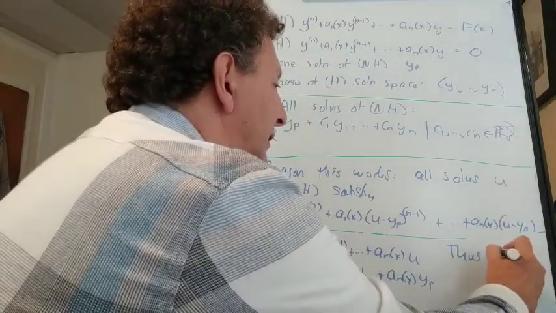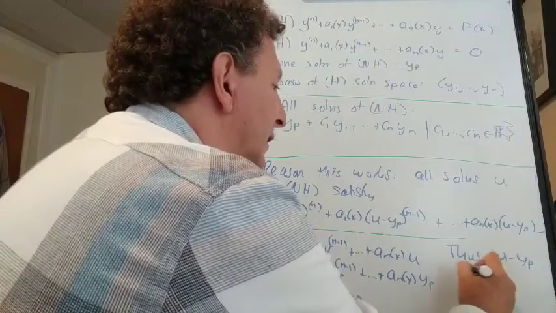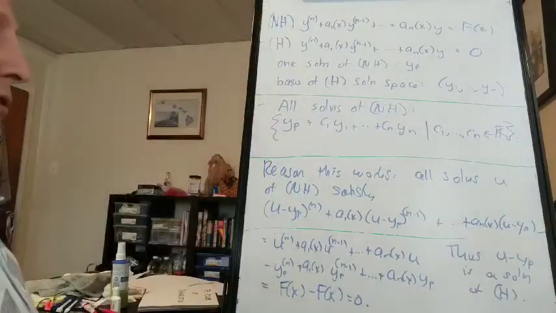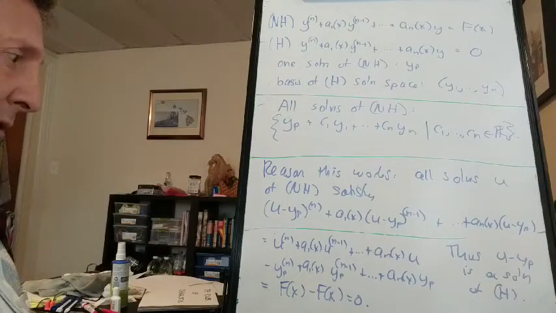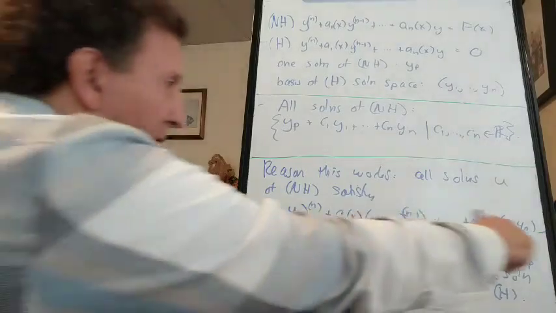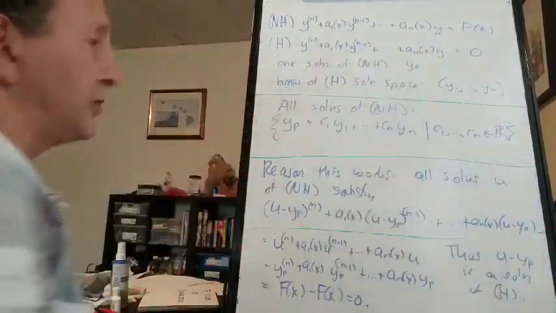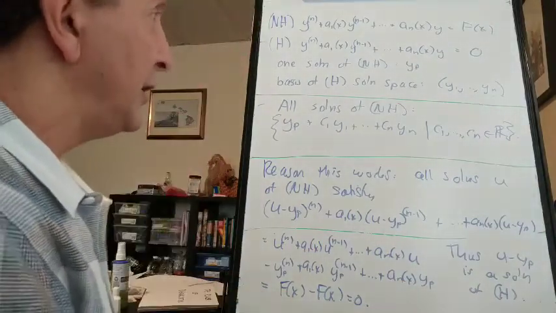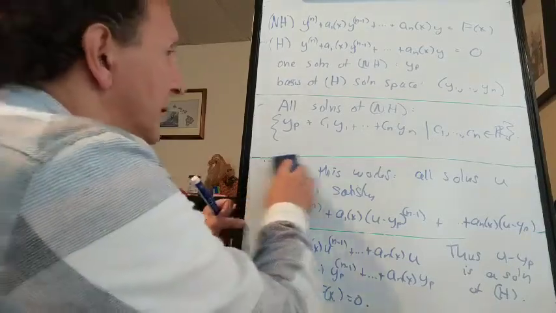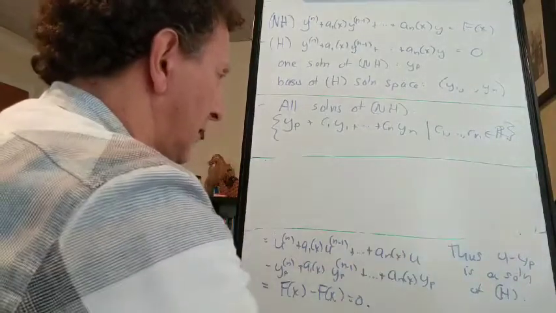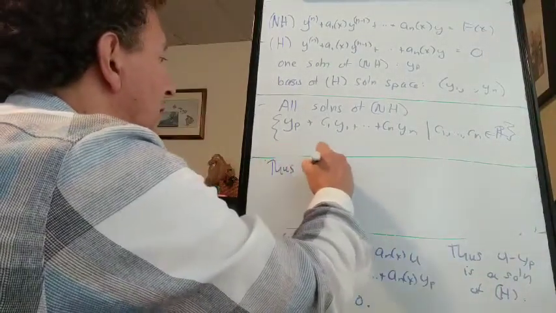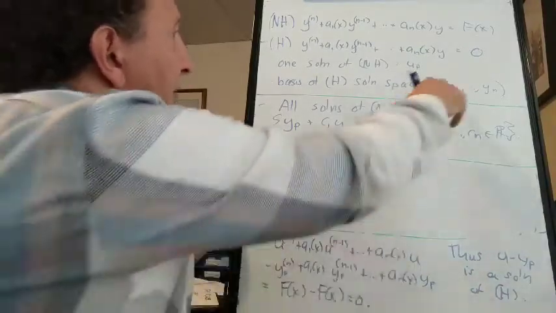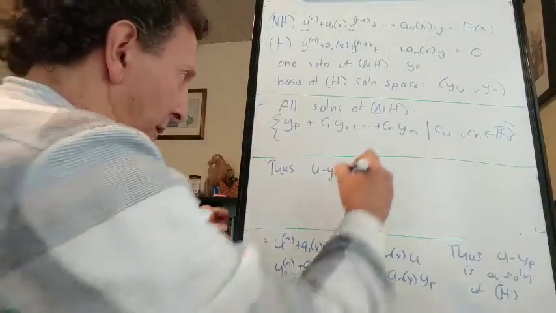So that means that u minus yp is a solution of the homogeneous differential equation, because this whole expression is equal to 0. So it's a solution of H. So that means that we can write u minus yp as some linear combination of the basis elements of the homogeneous solution space.